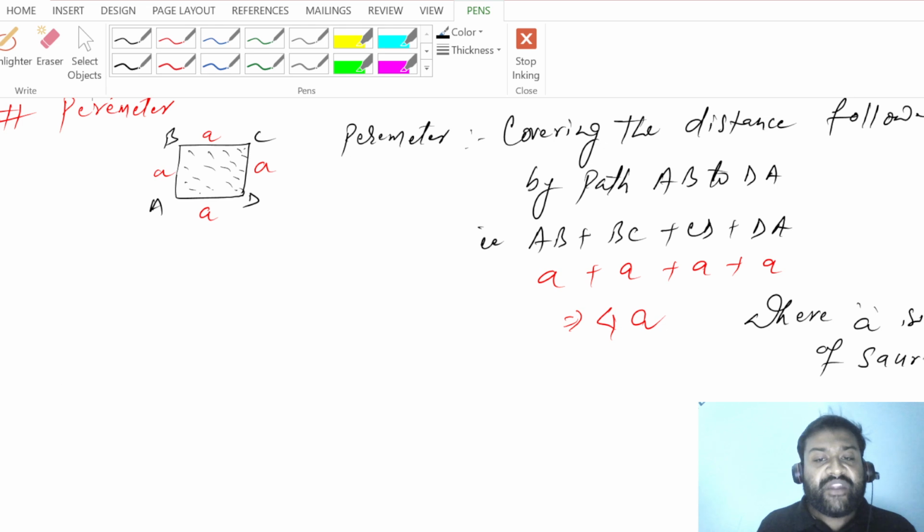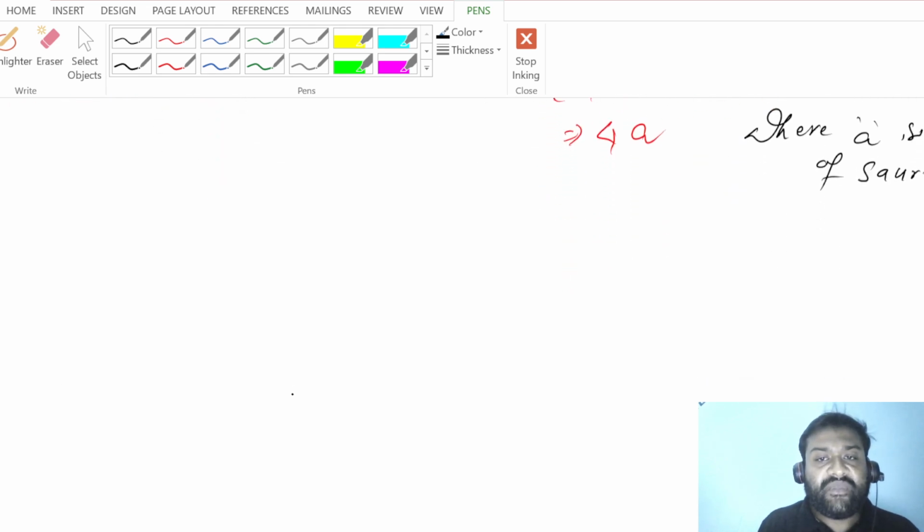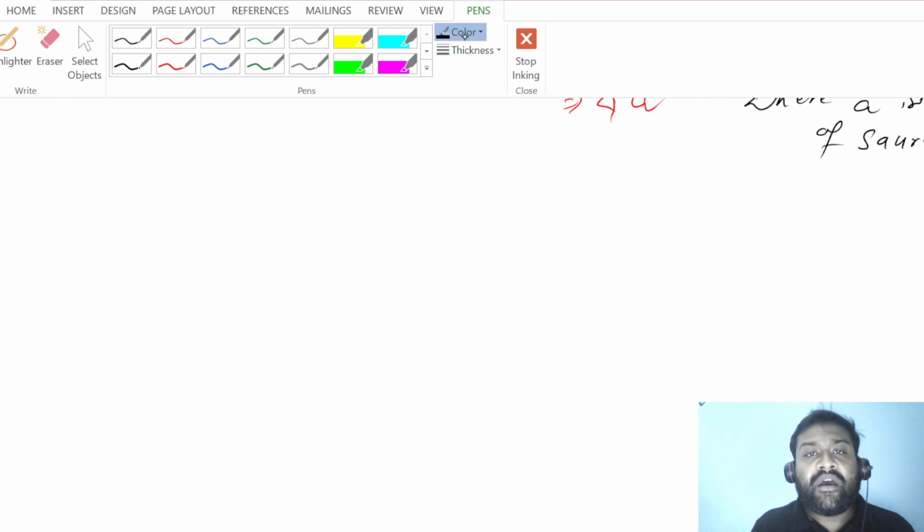Now we can see the diagonal of a square.